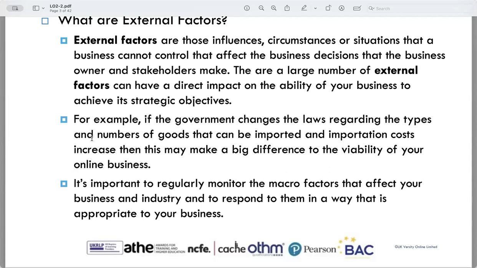Monitoring the macro factors that have an impact on your company and the industry on a regular basis, and responding to those elements in a manner that is suitable for your company is a crucial step to take.